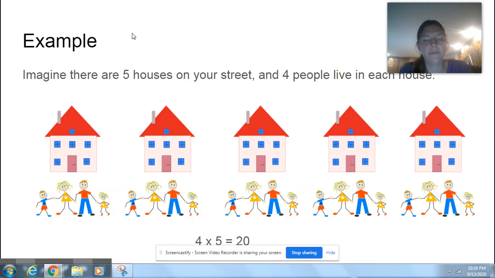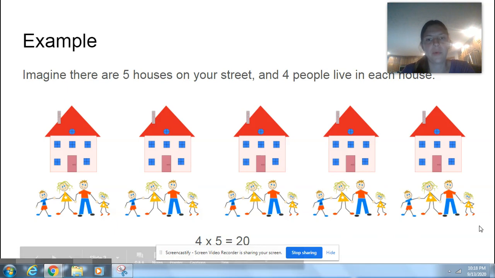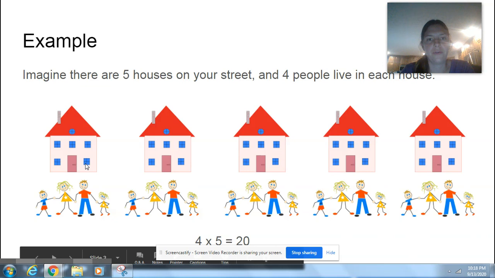When we add 4 to itself 5 times, we're going to get the total number of people, or the product of this answer. So we have 4 people in this house, plus the 4 people in this house, that's 8, plus the 4 people in this house, that's 12, plus the 4 people in this house, that's 16, plus 4 people, that's 20. So the product of 5 houses times 4 people is 20 total people.